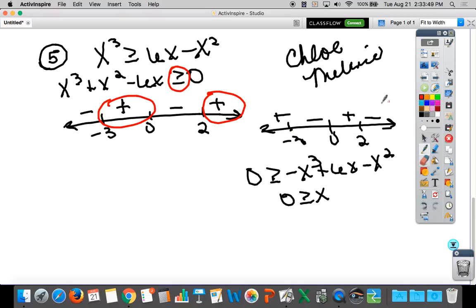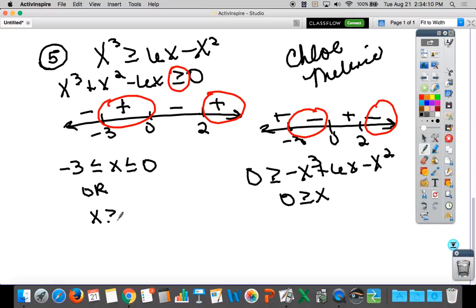I'm wanting the negatives. Do those happen to be the same sections for both groups? Yes. So we should have gotten negative 3 is less than or equal to x is less than or equal to 0, or x is greater than or equal to 2.